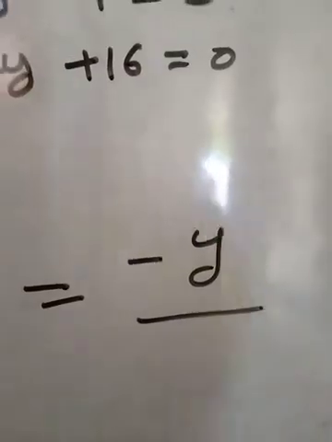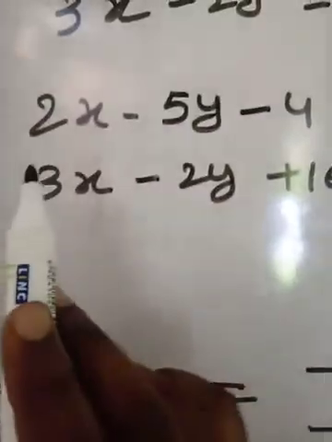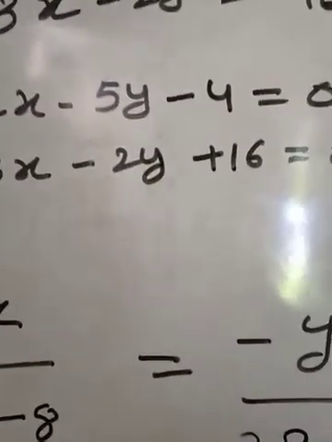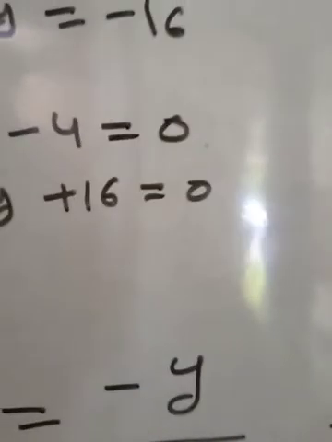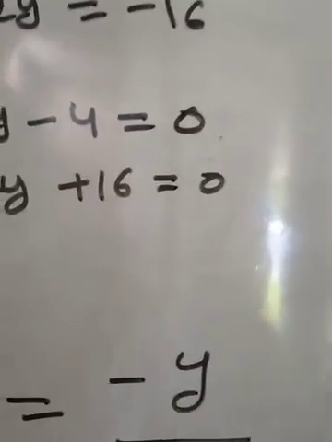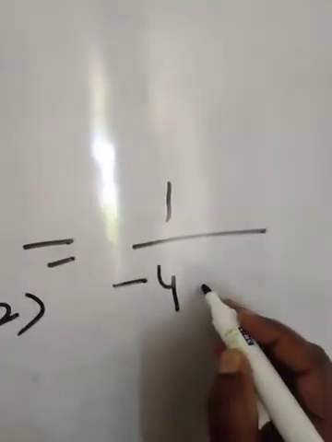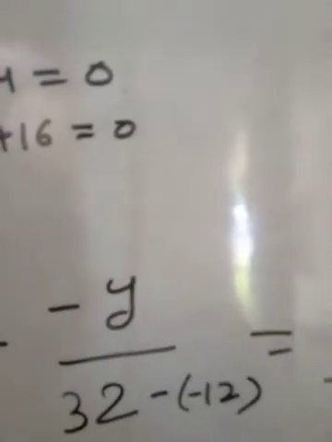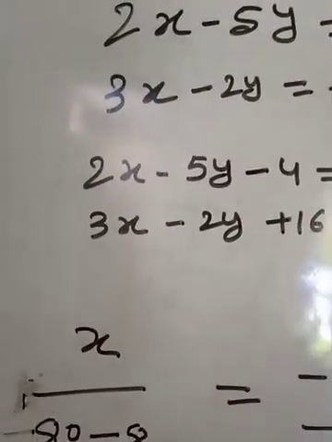Now there is minus y, so we hide the y terms: 2 into 16 is 32, and minus 4 into 3 is minus 12. Next, hide the constant terms: 2 into minus 2 is minus 4, and minus 5 into 3 is minus 15, so 5 into 3 is 15.